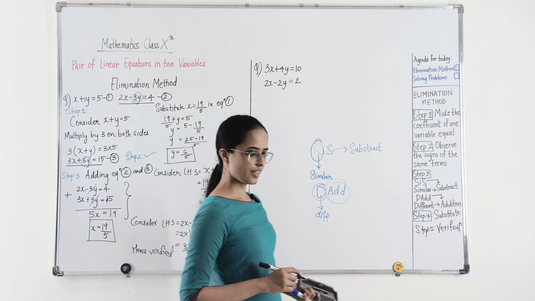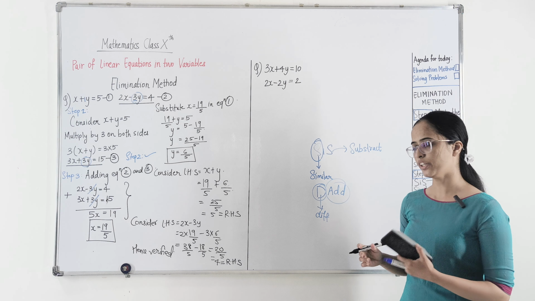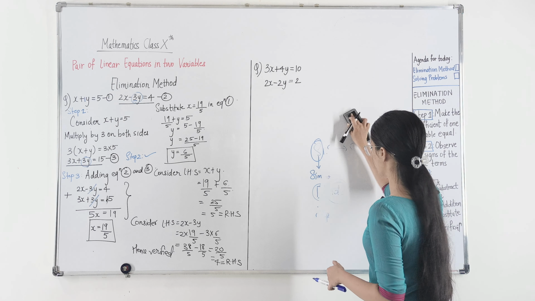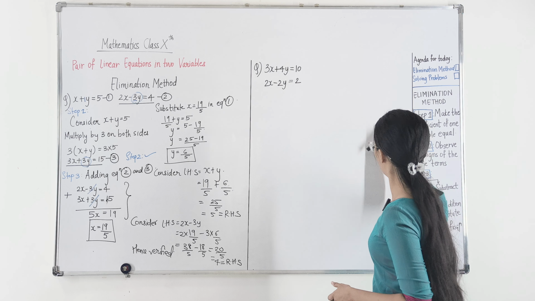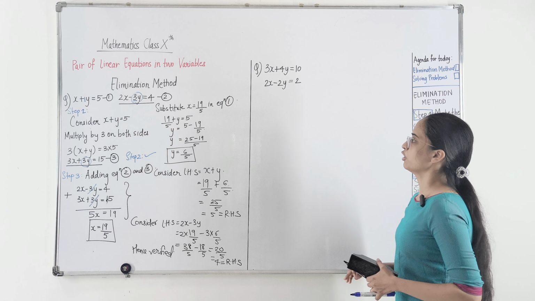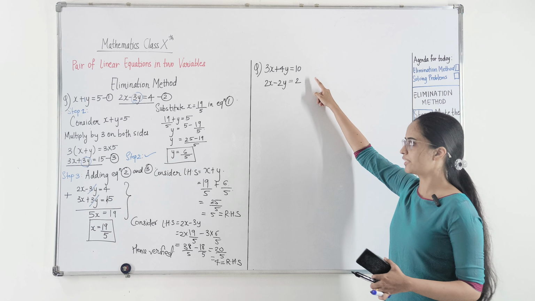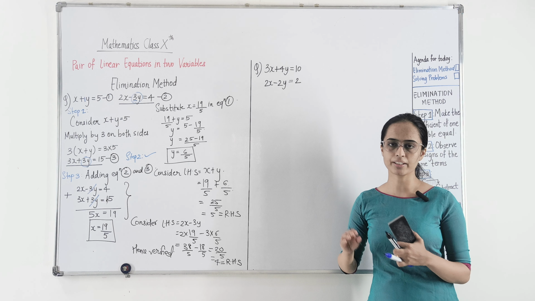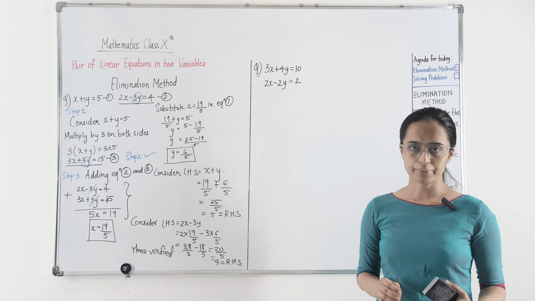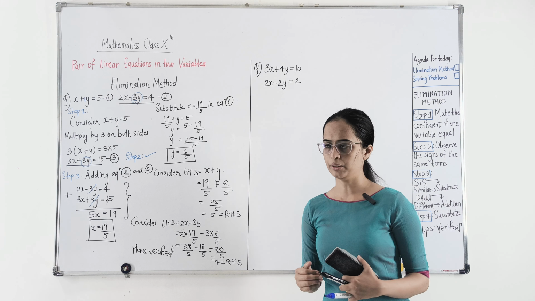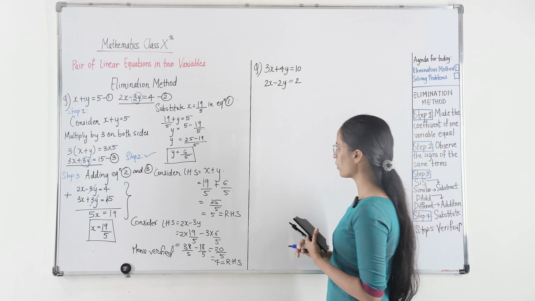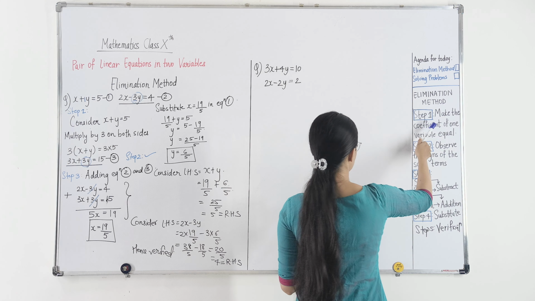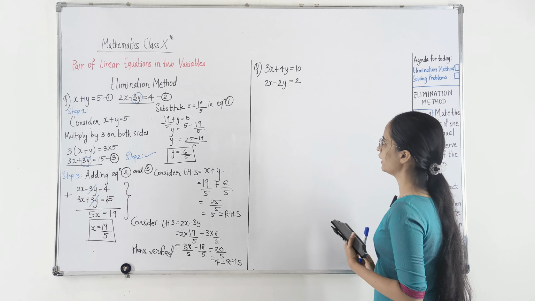Now we will solve the second problem in a similar manner so that you would understand this method in a better way. So again, there are two equations given to us and the question remains the same. You are supposed to solve the given pair of linear equations in two variables using the elimination method. As per step number 1, you are supposed to make the coefficient of one variable equal.